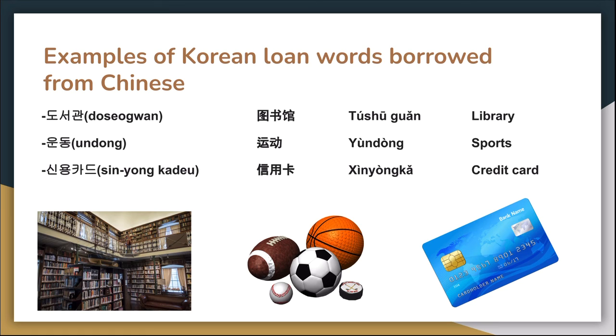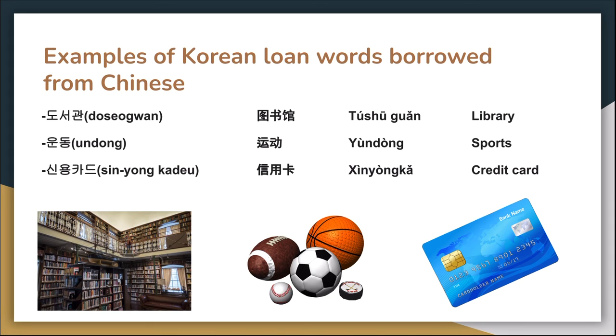Second one is sports. In Chinese, it's 运动, and in Korean, it's 运动. Last one is credit card. So in Chinese, it's 信用卡. In Korean, it's 信用卡的.